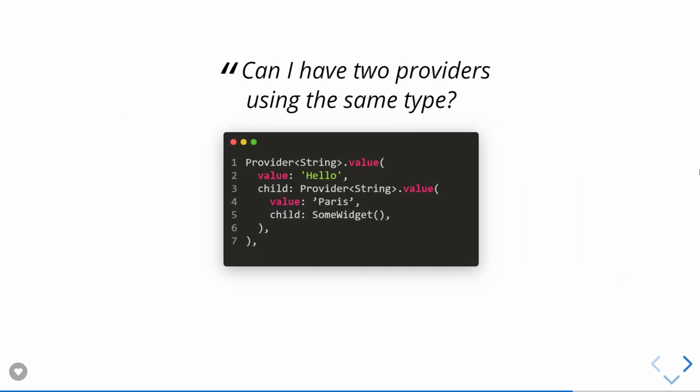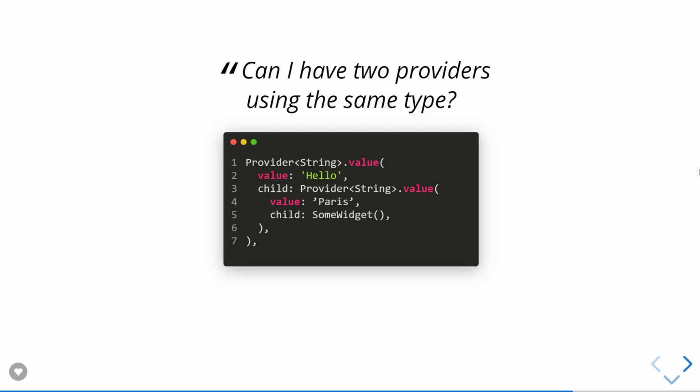Then there's a few common questions that come up when using provider. The first one is, can I use two providers using the same type? Well, technically yes, but usually that's not what you exactly wanted to do originally.